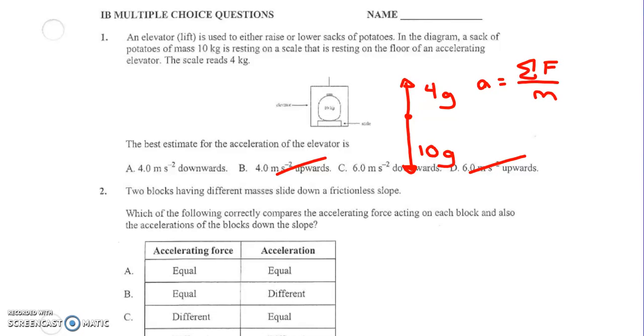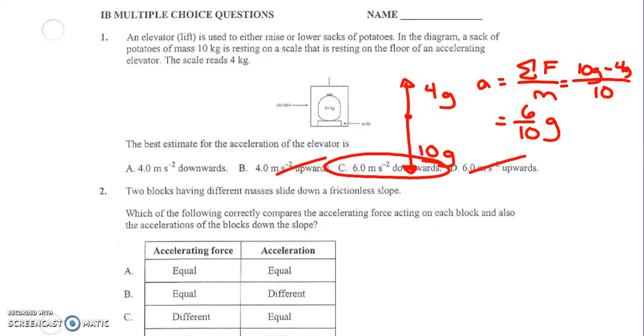So I can write this as 10g minus 4g divided by the mass of 10. So this is 6/10 g, and that is approximately 6 meters per second squared downward. And notice, too, the best estimate. So call g 10. This works.